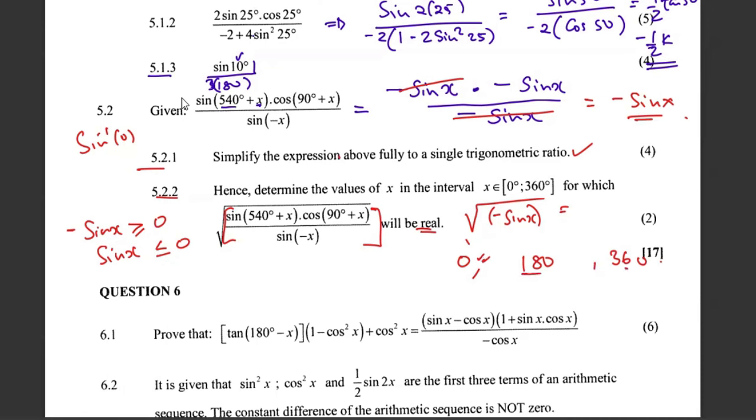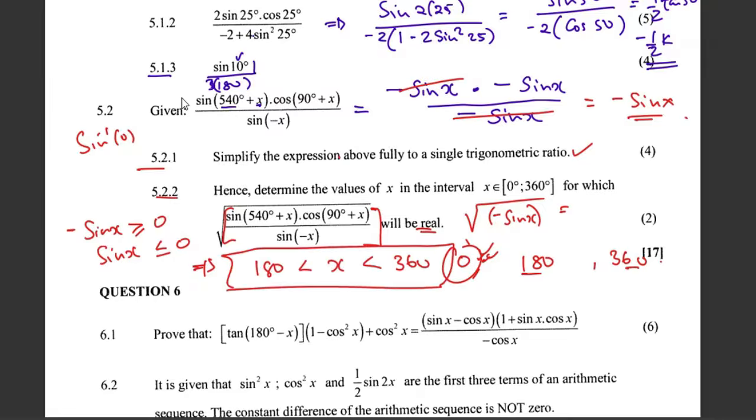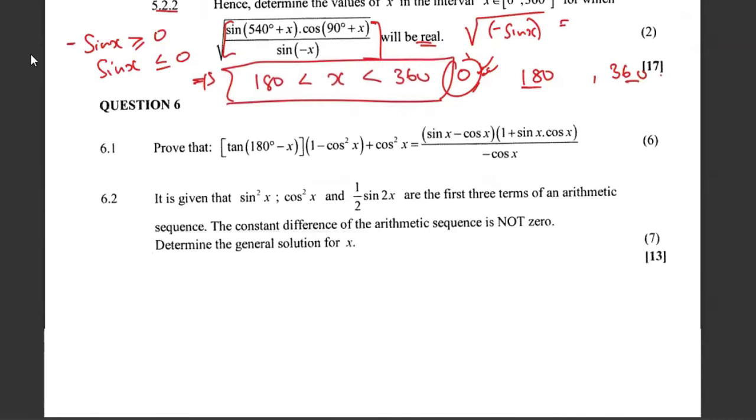Then how about these ones? They cannot be equivalent to 180, otherwise everything's going to die out. Even the 0 part, I don't need to put it in because I know that the sine of 0 is going to be 0, which will make this entire thing undefined, if I'm looking at the entire fraction before the simplification. So my values for this case will be 180 is less than x is less than 360. So that is how I would have worked out 5.2.2.